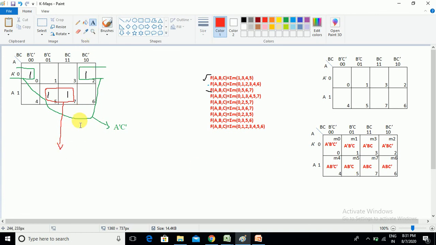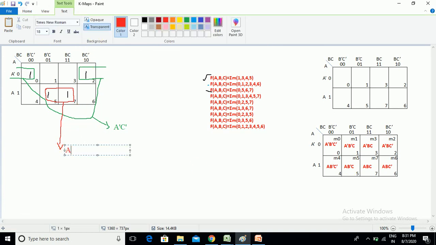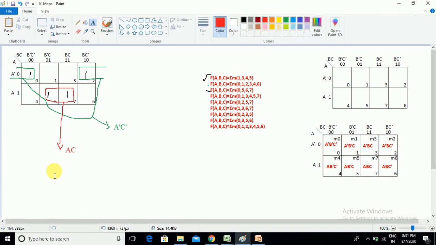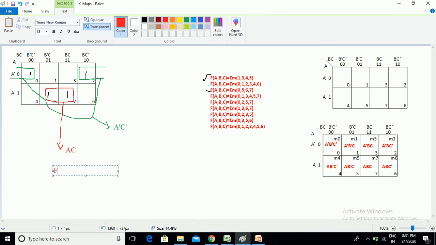The answer for this group will be AC. The final answer for the given Boolean function will be f of A comma B comma C equals AC plus A dash C dash. Okay, this is the answer for the given Boolean function, and the remaining examples we will discuss in the next video.